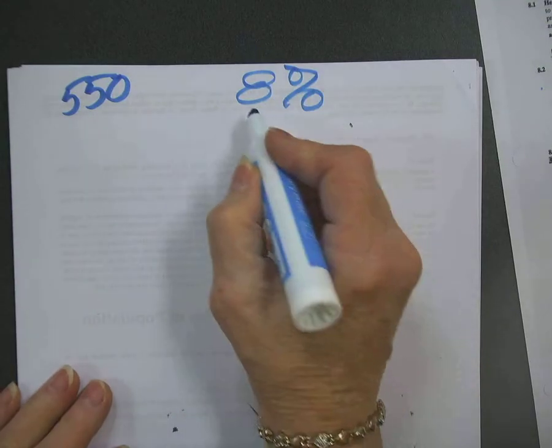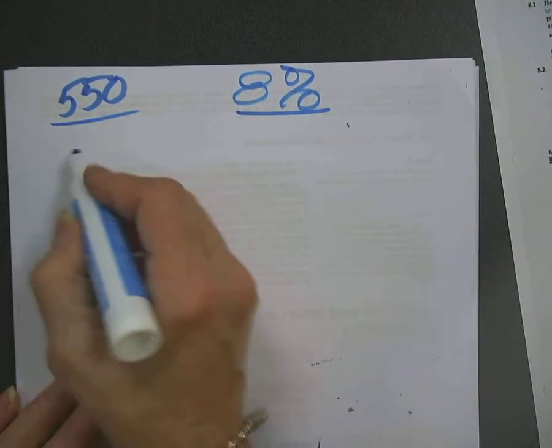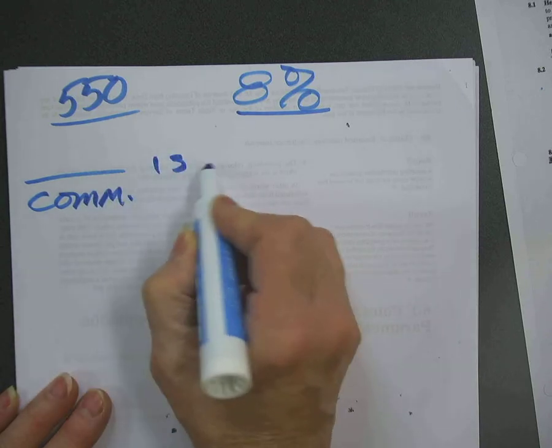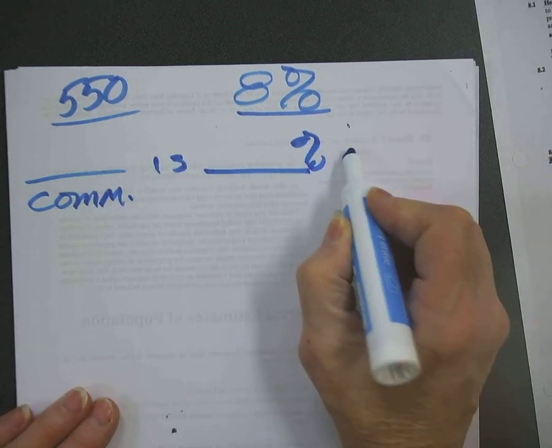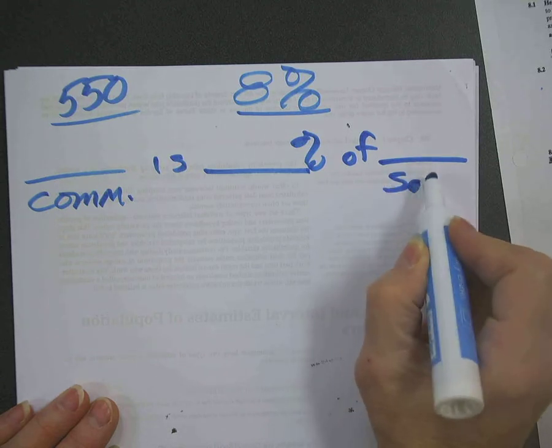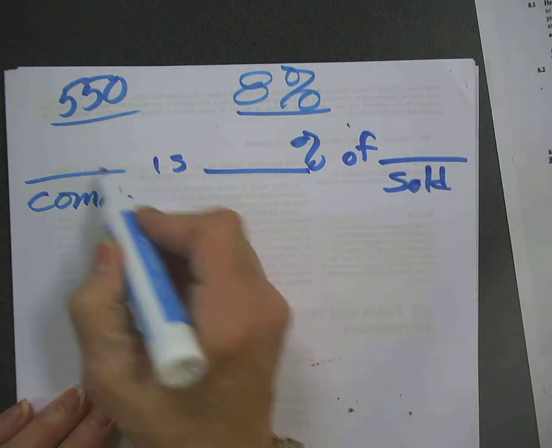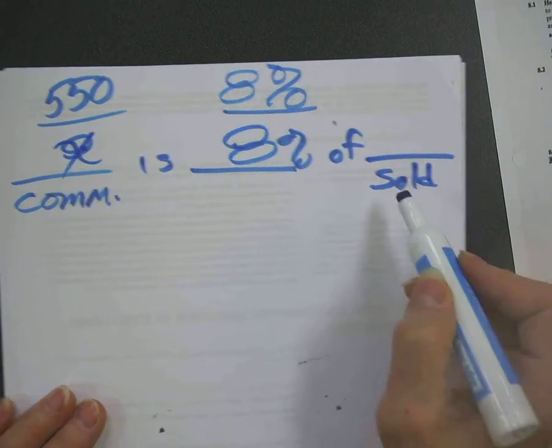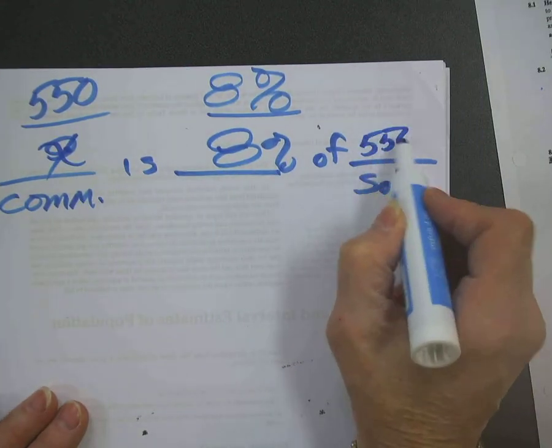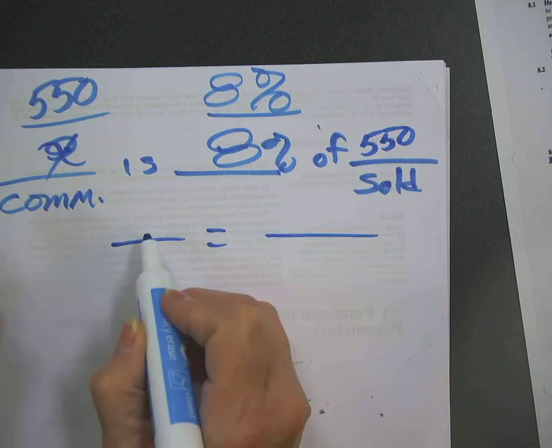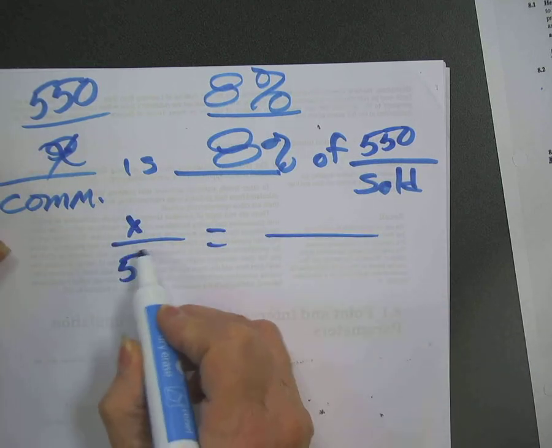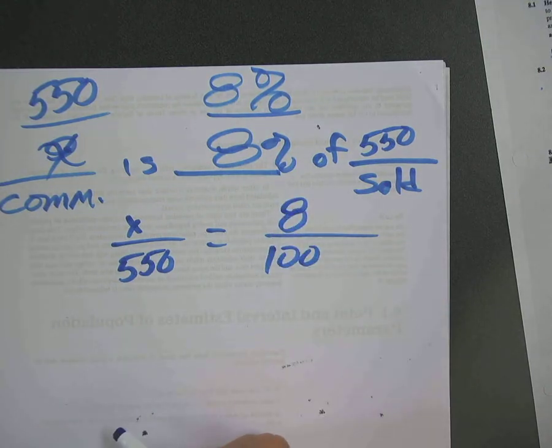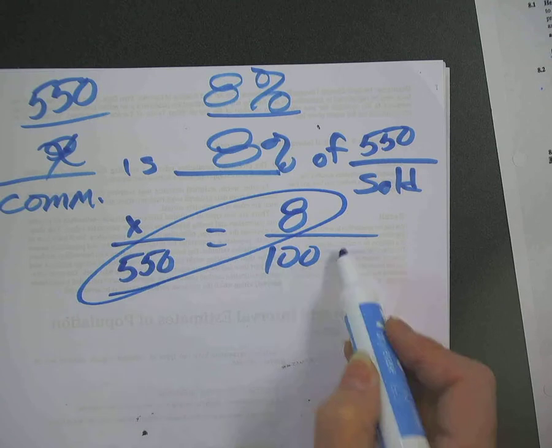Your commission would be 8% of what you sold. So here's your 8%, we don't know the commission. What you sold is $550, so you have is over of equals the percent over 100. Multiply that, divide by that.